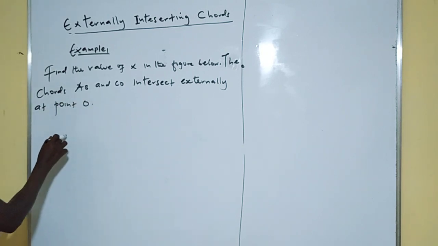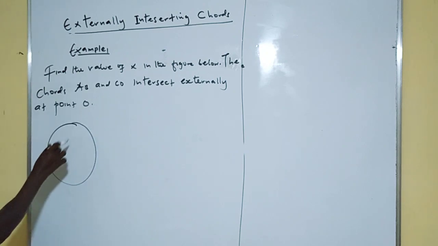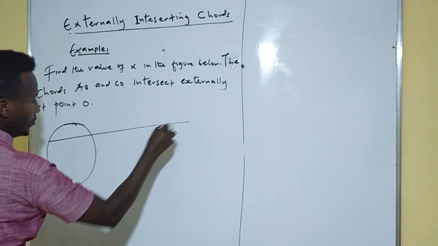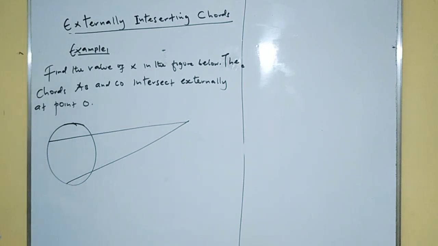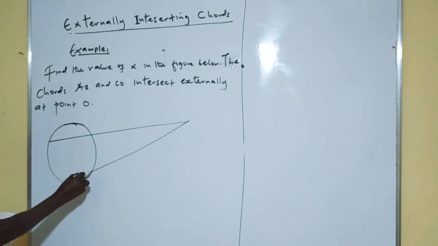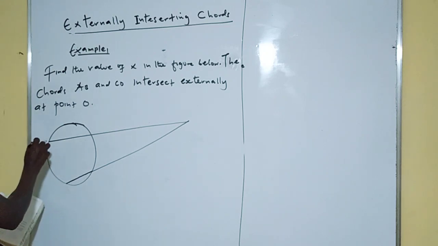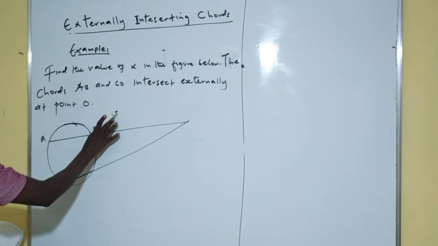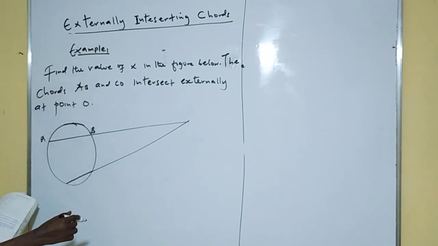So these are what you're having. This is the circle. So the two chords are what? This is AB.